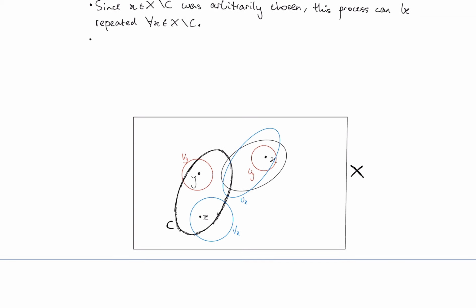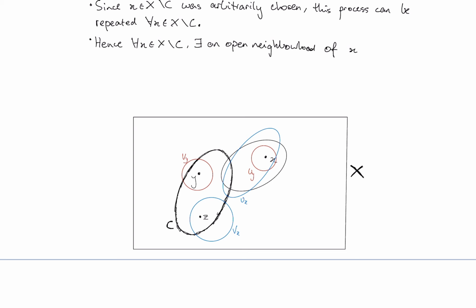What do we have now? So hence, for all points X, there exists an open neighborhood of X, and what's special about this is that it is contained in the complement.